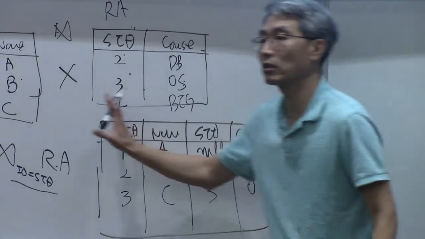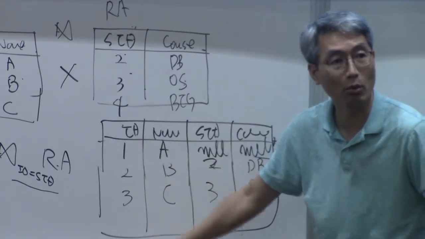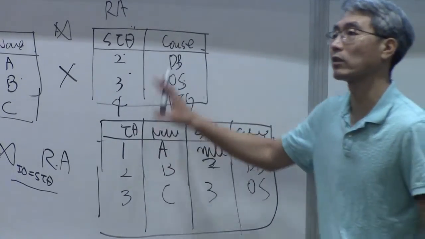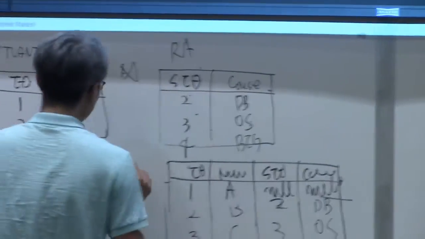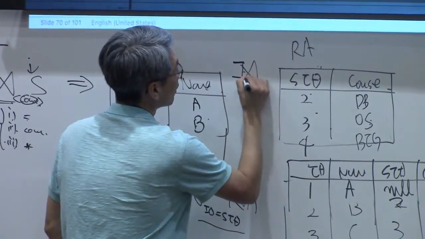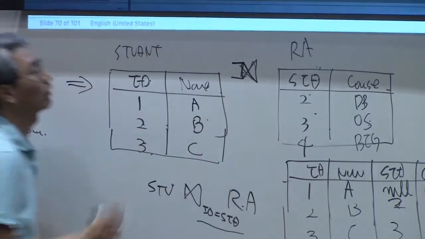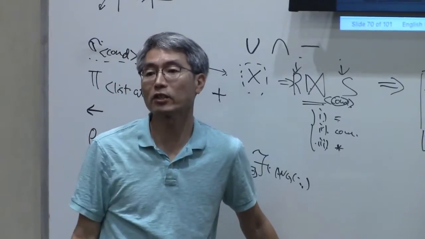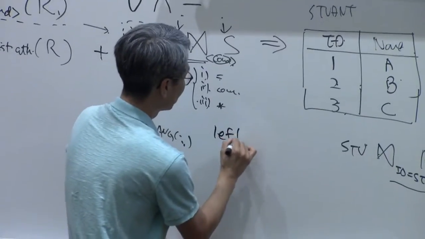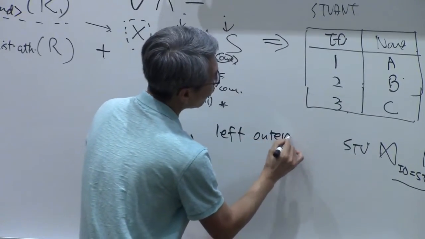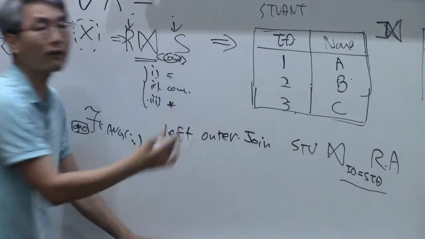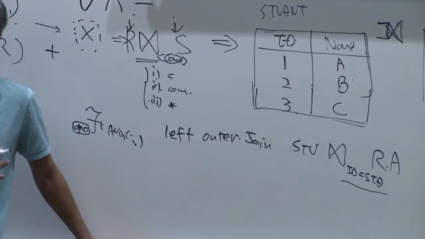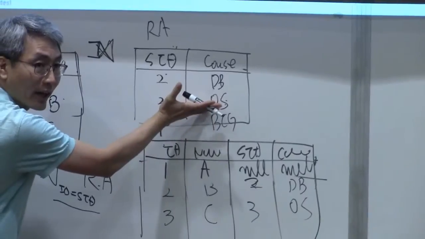So I want to see the status of all the students. If you want such a result from the join, at this time we can use the outer join. So this is called the left outer join. Left outer join means we will get all the list of the left-hand side, then join with the right-hand side relation.